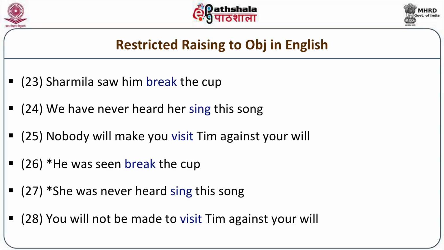Notice that you're not saying Sharmila saw him to break the cup. Notice that you're not saying we have never heard her to sing this song. There is no to here. That's why these are called naked infinitives. Sharmila saw him break the cup and we have never heard her sing this song. Nobody will make you visit him against your will. These are examples of restricted raising.